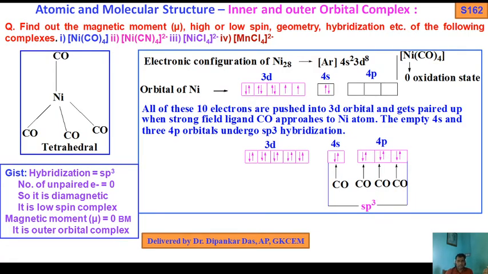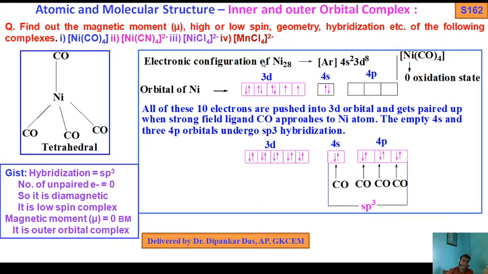This is very important. Find out the magnetic moment μ, high or low spin, geometry, hybridization, inner or outer orbital complex of the following complexes. So there are 4 complexes of nickel and manganese: Ni(CO)4, Ni(CN)4 2-, NiCl4 2-, MnCl4 2-.